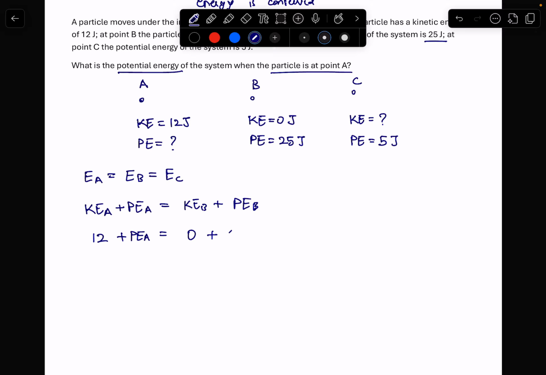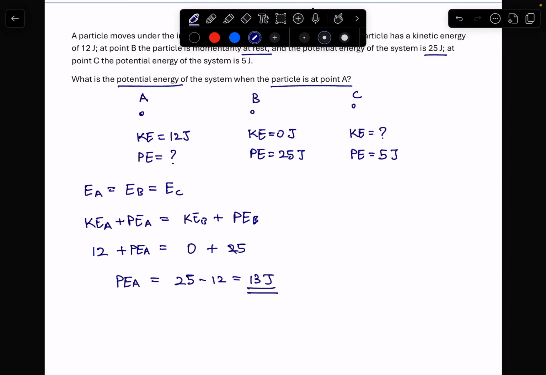Potential energy at B is 25. So I can calculate the potential energy at A using this equation, and it is equal to 13 joules. Now there are other parts to this question as well, but we are not going to solve all of that.